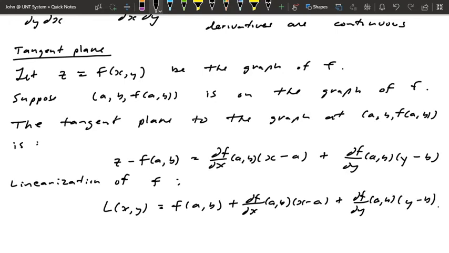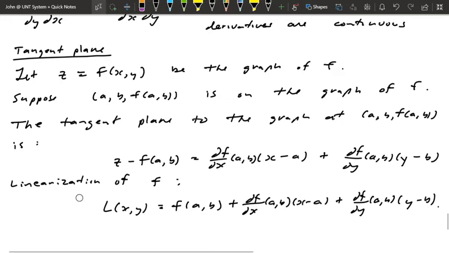Now, to explain what that means, we realize that this tangent plane, described by this equation, is approximating the graph of f near this particular point, (a, b, f(a,b)). So basically, this plane is the best linear approximation of the surface.